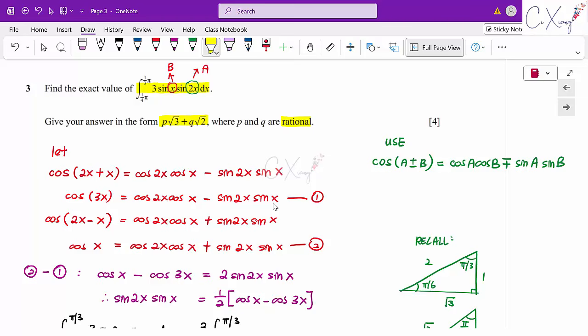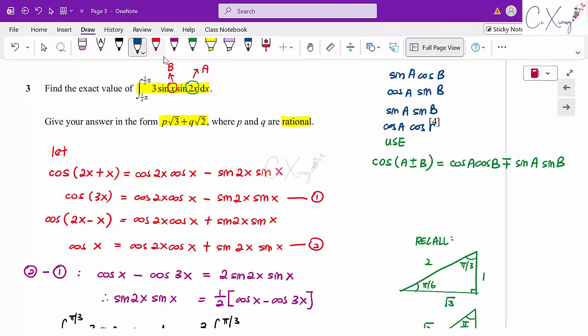The compound angle formula pairs like cos A plus B, cos A minus B, then sin A plus B and sin A minus B are suitable identities to use when you want to integrate sin A cos B, or cos A sin B, or sin A sin B, or cos A cos B.